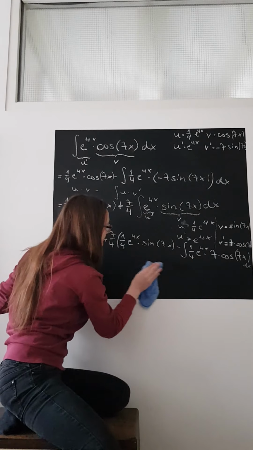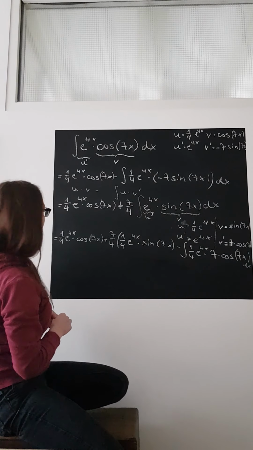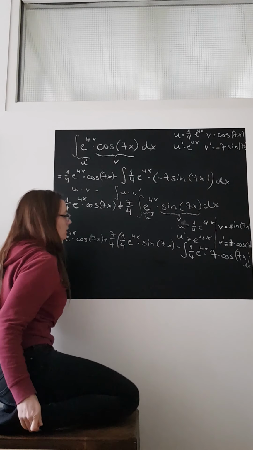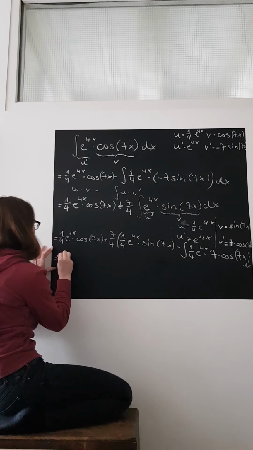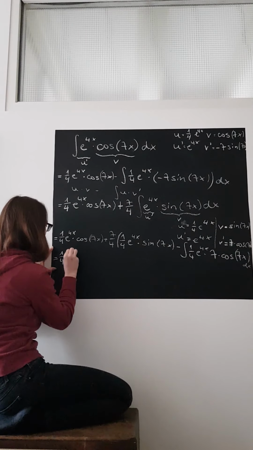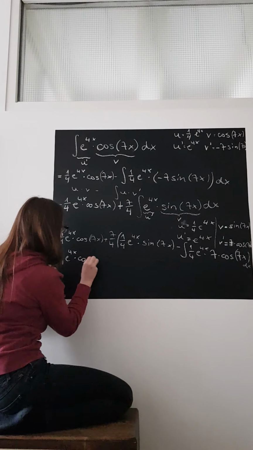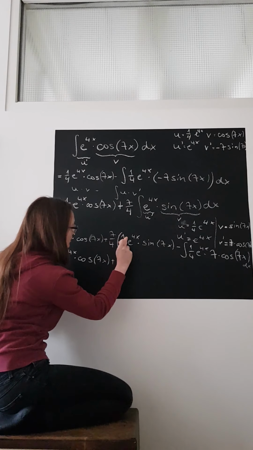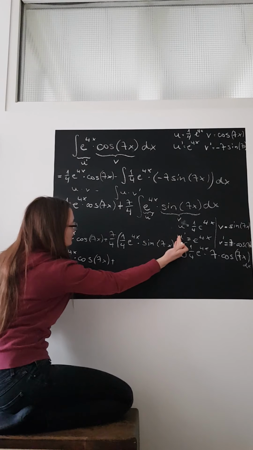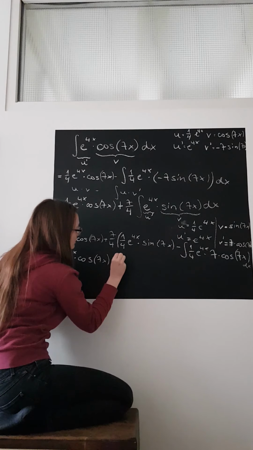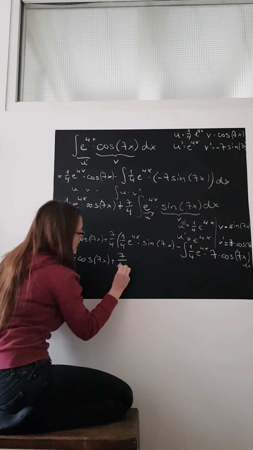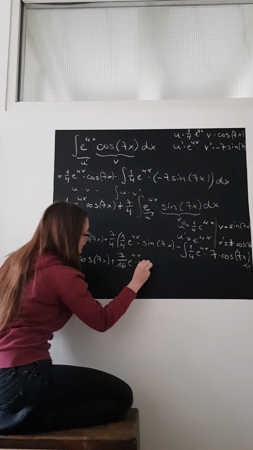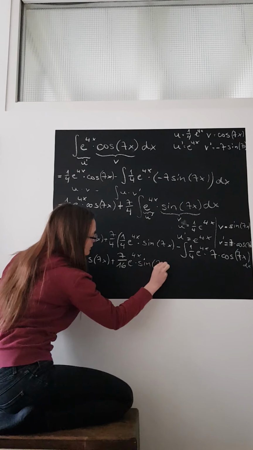I make some space and clean this up. Which gives me a quarter e to the power of 4x times cosine 7x plus this part times 7 quarters is 7 divided by 16 e to the power of 4x times sine 7x.